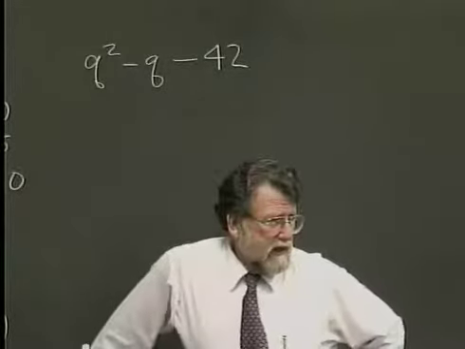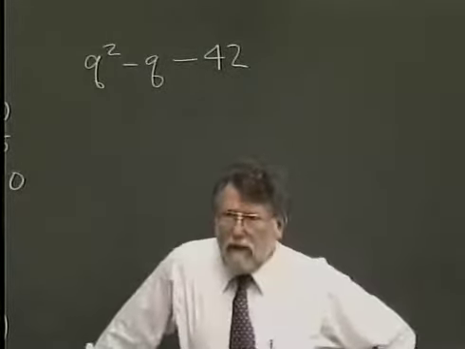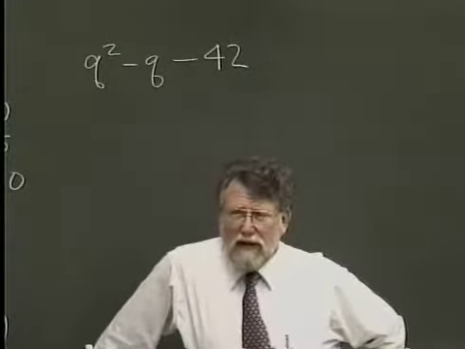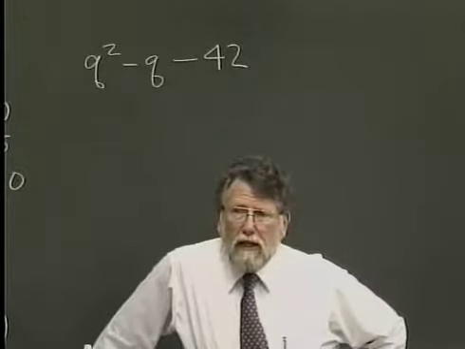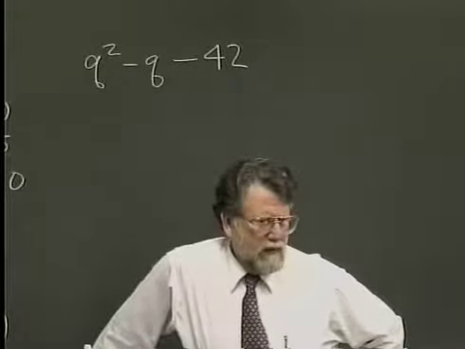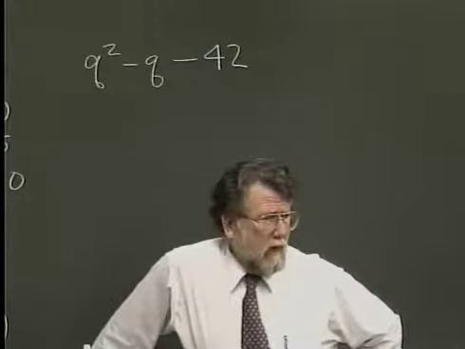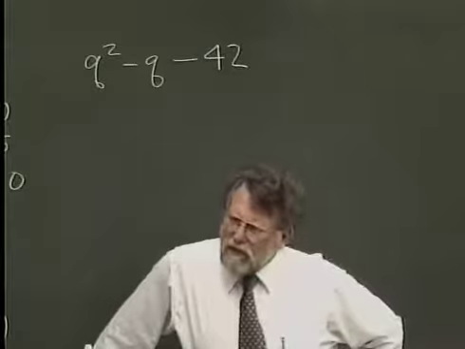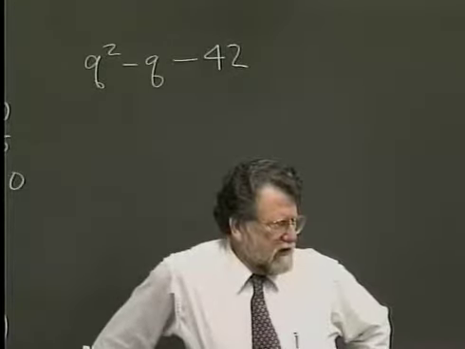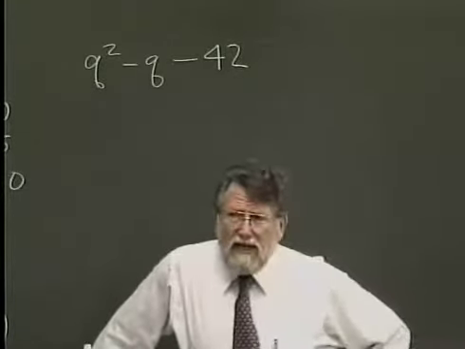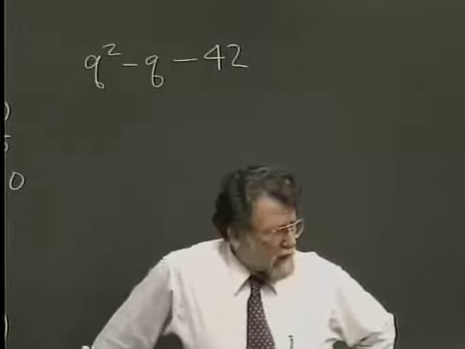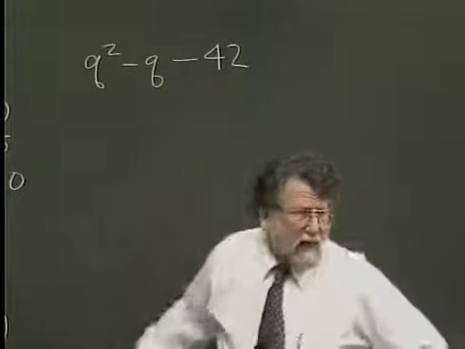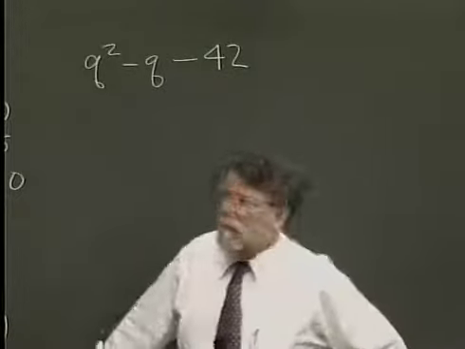If I'm doing this well, and I have you with me, you're seeing the 42, and before you do anything, you're looking at that 42 and saying, 6 and 7 gives 42. 2 and 21, 1 and 42, 3 and 14. But the 6 and 7 is probably the one that comes to mind first because that's one of those multiplications that you just learn. And the 6 and 7 would work because you have a difference. The last term is what? Negative. And so you need a difference of 1.